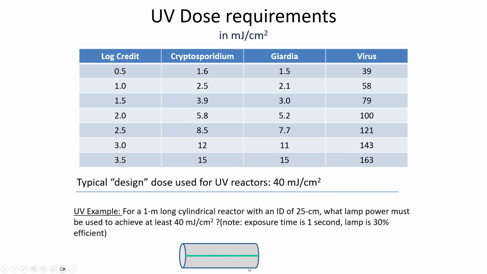And so if we wanted to be able to ensure that a particle that is at the outside edge is receiving that dose of 40 millijoules per square centimeter, then what we need to do is find out what is the intensity of the radiation over the area of the cylinder, the inside reactor area.